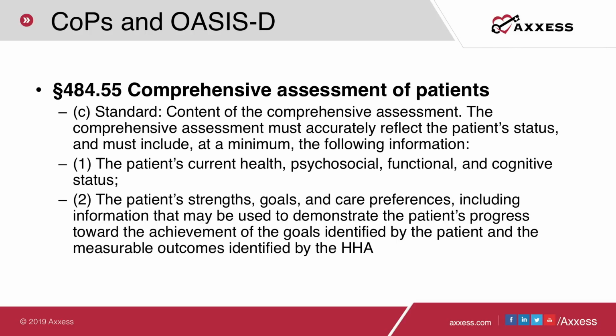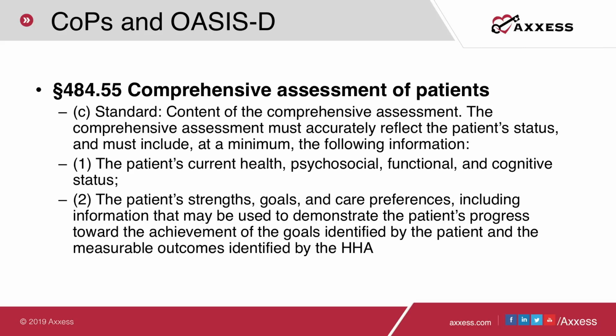And then their functional status, we want to make sure we can show a good outcome. So we want to make sure that functional status is captured accurately at the beginning so that by the end we can show some improvement if they have them. And then their cognitive status, that's going to impact what your plan of care will be as well. So it just makes sense that you do a thorough comprehensive assessment and that this is part of that CMS required assessment.